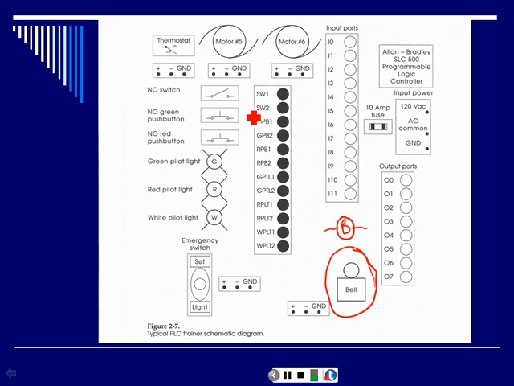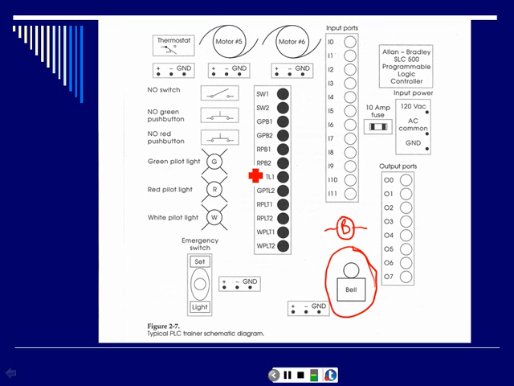If you notice, I'm not sure why they're calling these... Let me go back to this picture in the book. By the way, this picture in the book is on page 37.